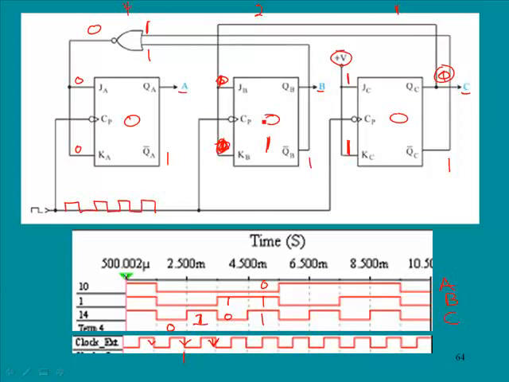When the clock pulse comes in, it won't change states because if there are zeros here, it just remains as it was. So that will give us 0, 1, 1, which gives us 3. So at this point, we are at 1 and 1. We have counted to 3. Profound, huh?